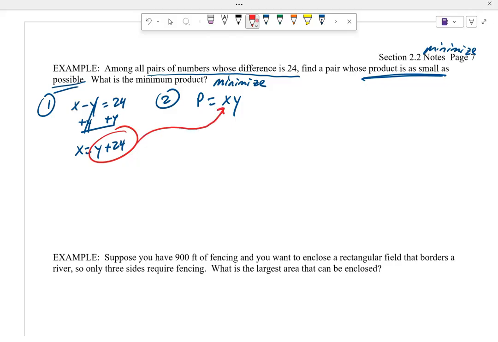If that's what x is, now let me distribute that. y squared plus 24y. So notice now we're down to one variable, just y's, right? Normally we have x's, but it doesn't matter. We just have y's. It's a quadratic.